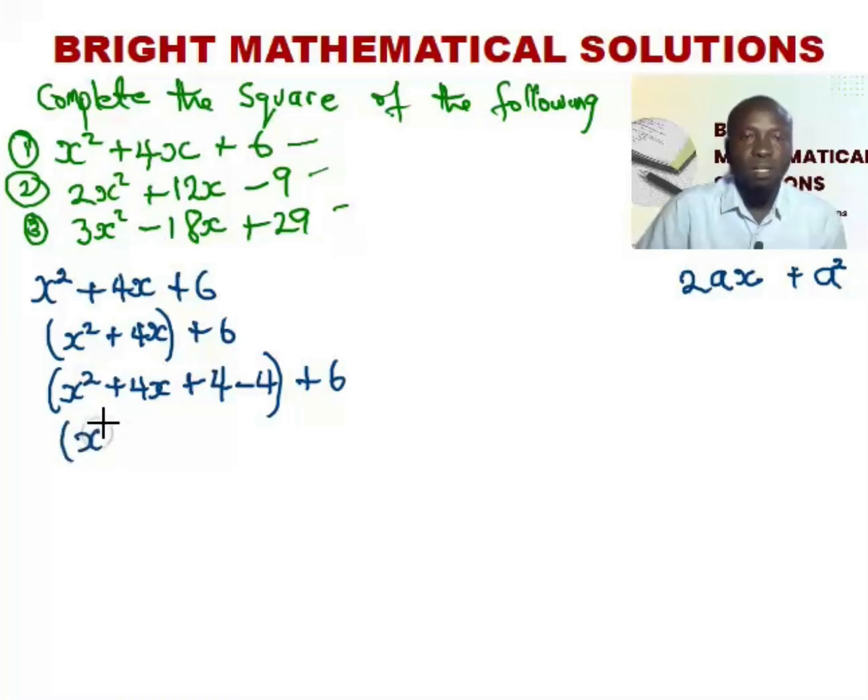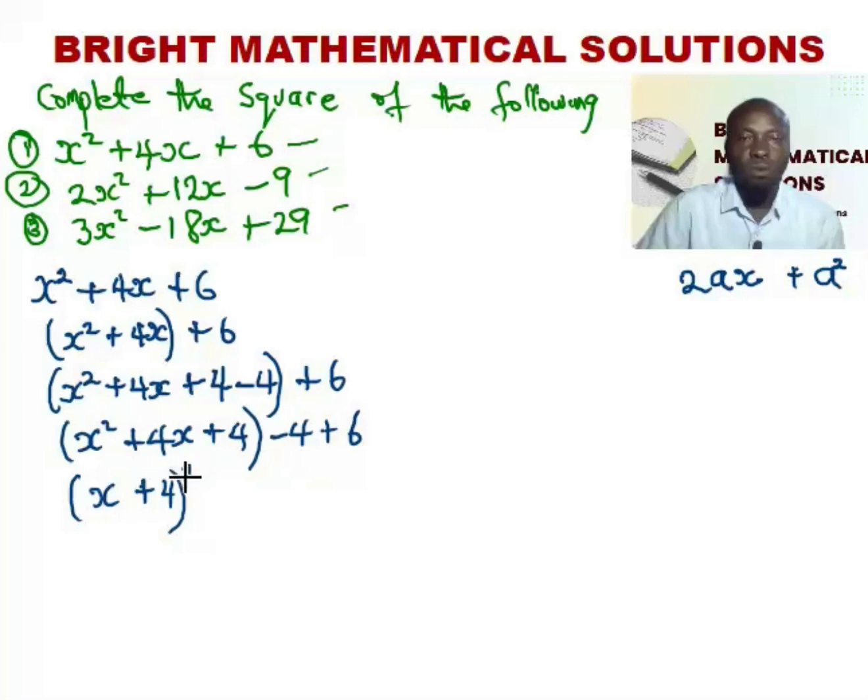So we now have x raised to the power of 2 plus 4x plus 4. We close the bracket. We are now bringing this one outside, minus 4 plus 6. So we can then rewrite this to become (x + 2) raised to the power of 2 plus 2, and this is our answer.